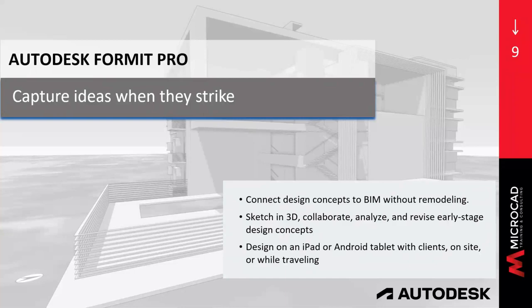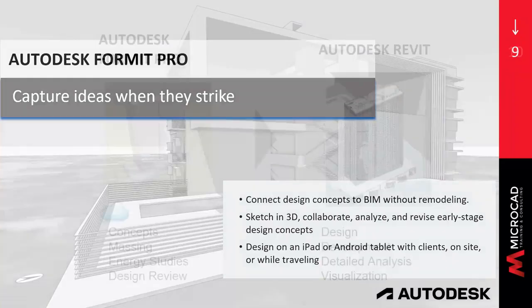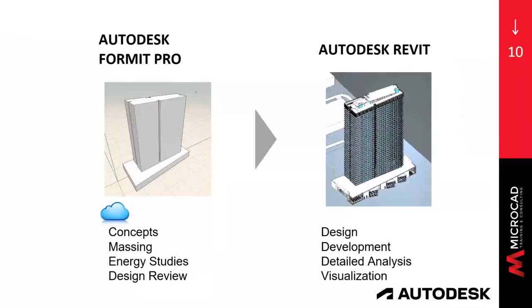And you can sketch in 3D and start creating that initial massing design for your model, may it be a residential house or a multi-story complex building. And then you can transfer that model seamlessly from those massing concepts, and through FormIt in those massing concepts, you can start running energy studies.